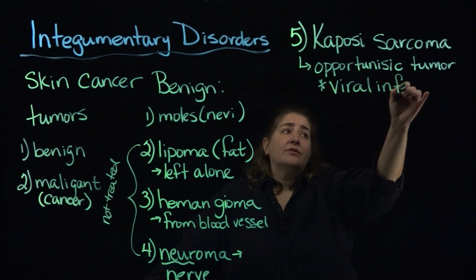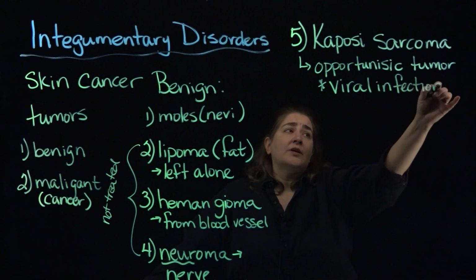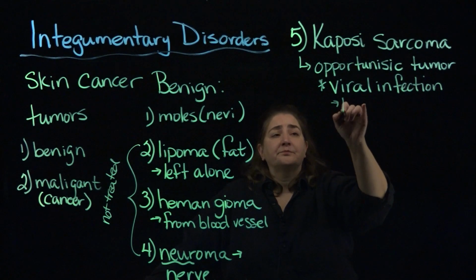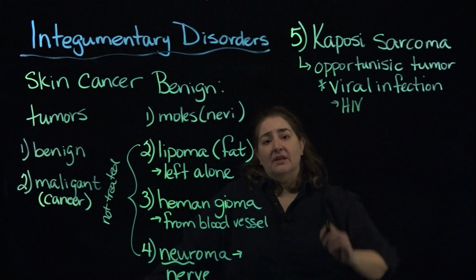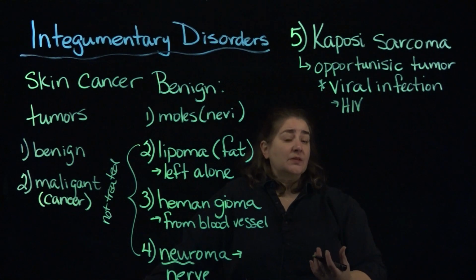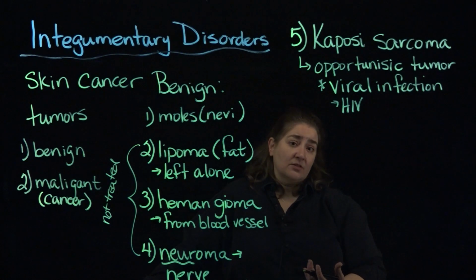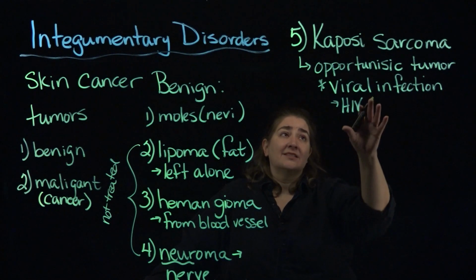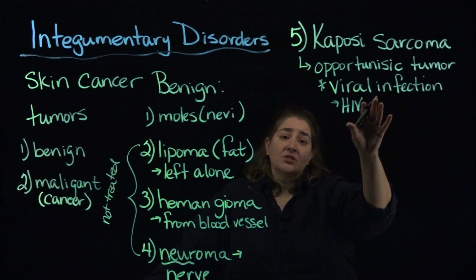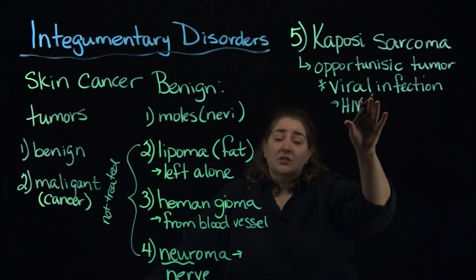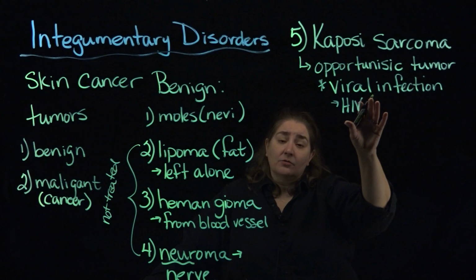Now, with the viral infection, the one that we have already covered is HIV. And that's really where this particular skin lesion is seen in the greatest percentage of the population, and it was actually one of the things that was associated with HIV infection, that clinicians started seeing an increase in the number of Kaposi's sarcomas being diagnosed.